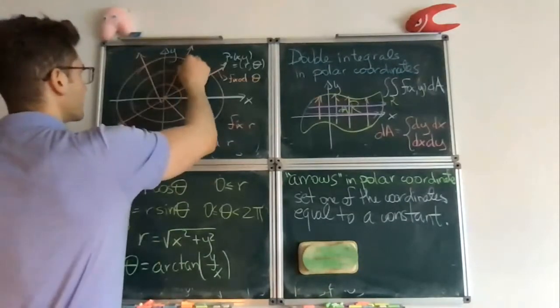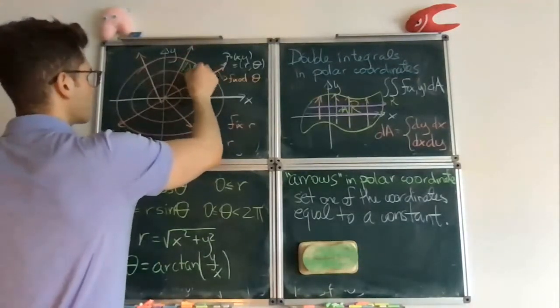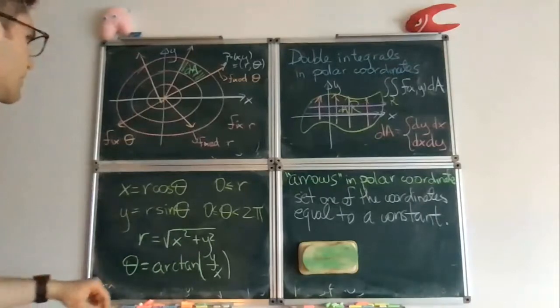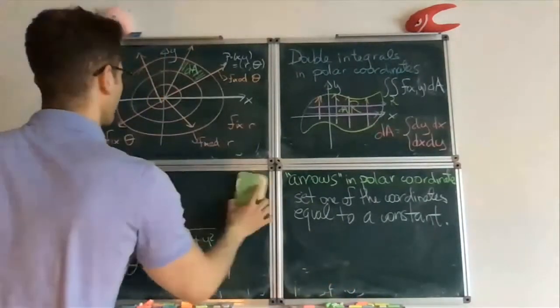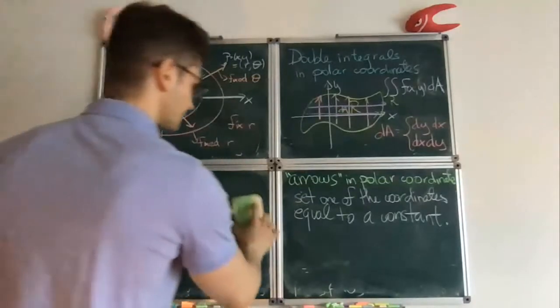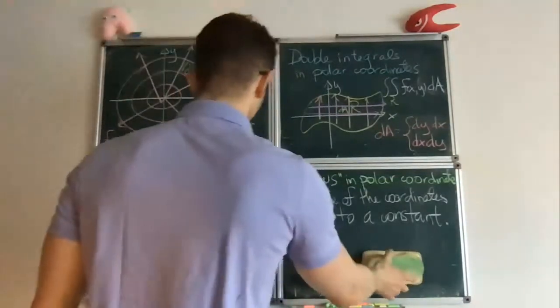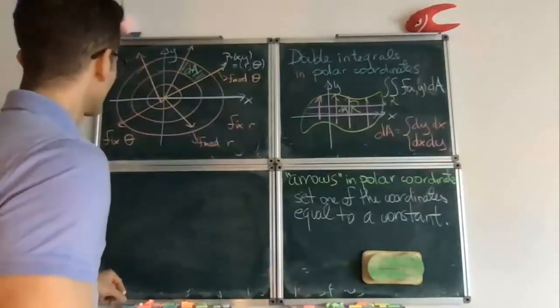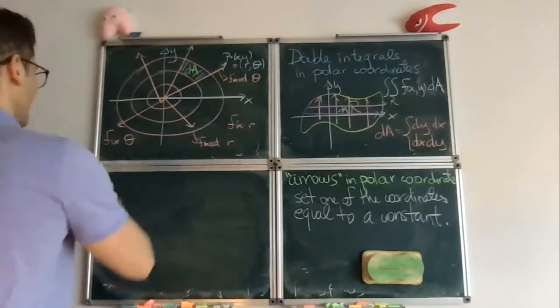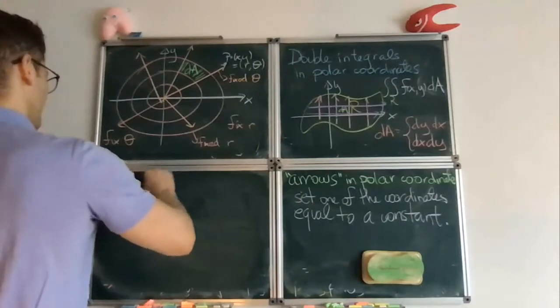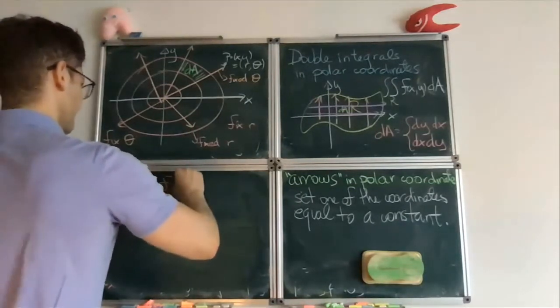So let's try to find what the formula for the area of that circular sector should be.